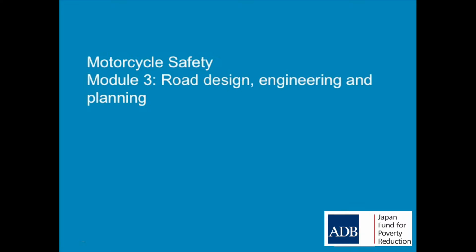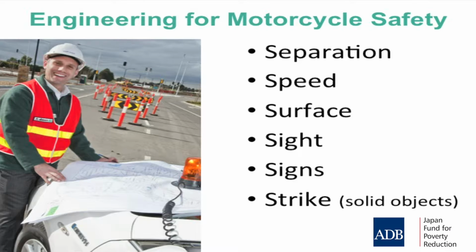I need to move on to the next module, which is the engineering, the road design and the planning for motorcycle safety. We'll start with a few little bits about motorcycle safety and what you can do in the engineering of a road and a road environment and a transport system for motorcycle safety.